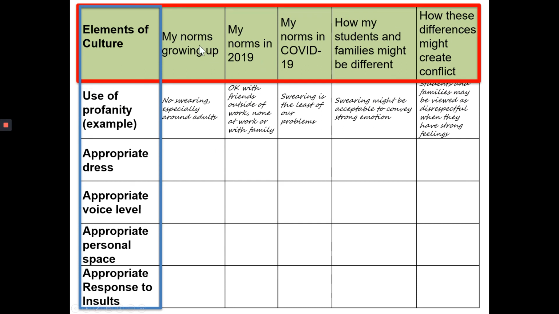So the first box here is the same, but now it's been changed to match COVID-19. And so you could ask staff to reflect on how their norms looked in 2019, right before COVID-19 started, and then what it looks like since the advent of COVID-19. So that's one way of adapting this activity.